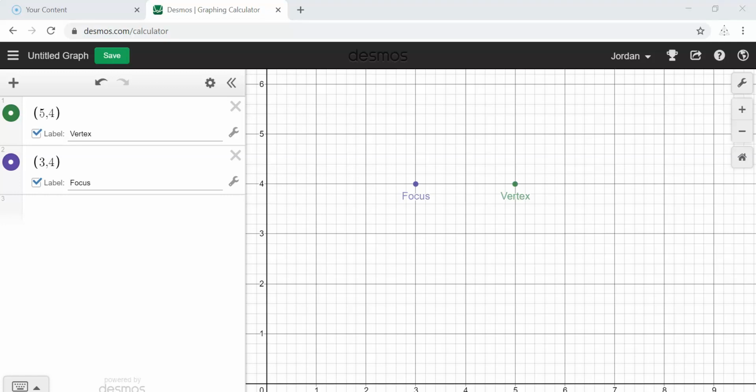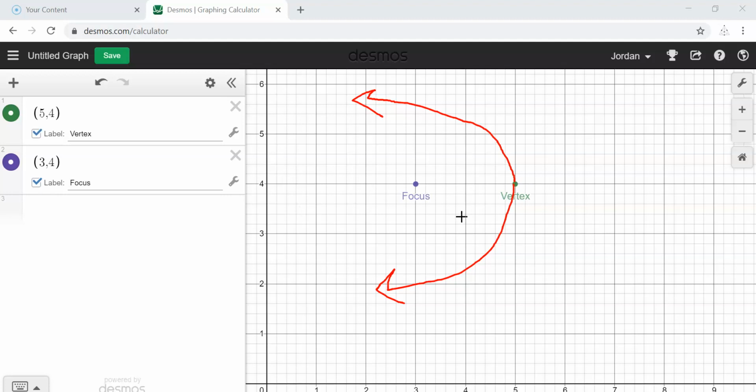Hopefully you understand what's going on. My parabola is going to have to point this way. It might be wider than this or more narrow than that, depending on what's going on, but it's going to have to point this way.